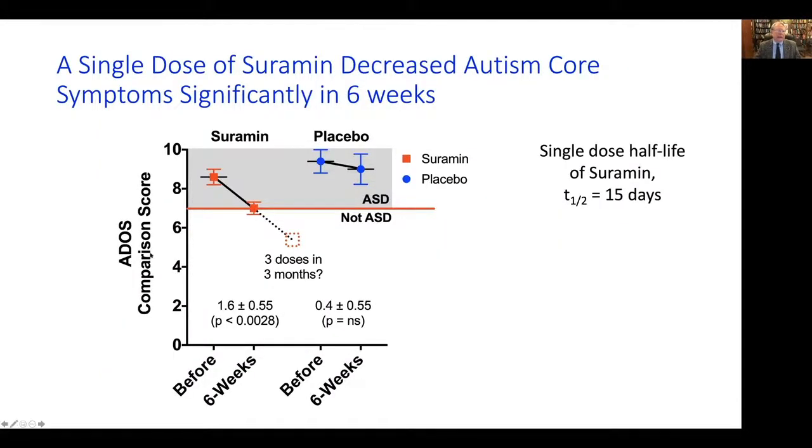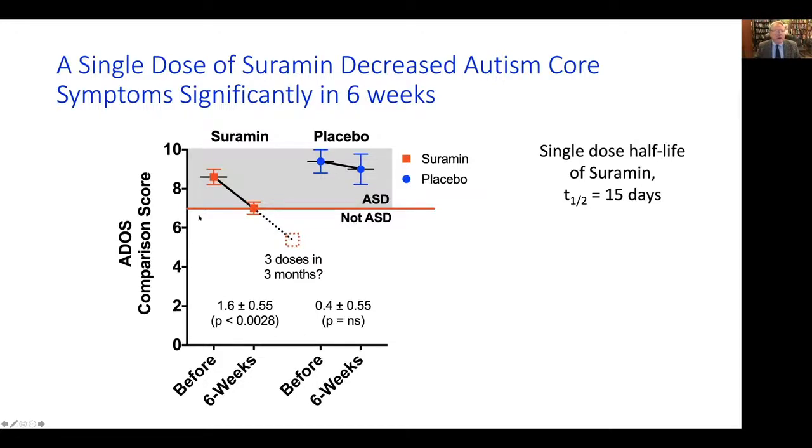And so when we tallied up the ADOS scores and looked at the average score before and after treatment in the Suramin group, the average score was 8.6 initially, but the children who had received it 6 weeks later had an average score of 7.0. And so you can see the very significant difference between the error bars here. And the question for the next study: will 3 doses over 3 months help bring some of these children off spectrum?